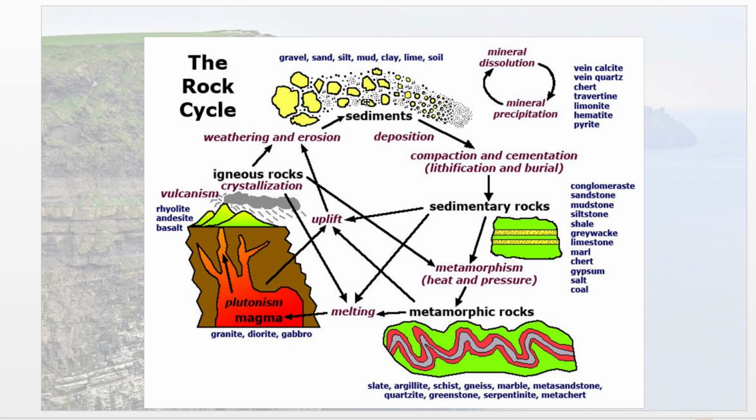And these rocks can be compacted over time by subsequent layers and get cemented, so they change due to the pressure that's occurring upon them due to the layers above.